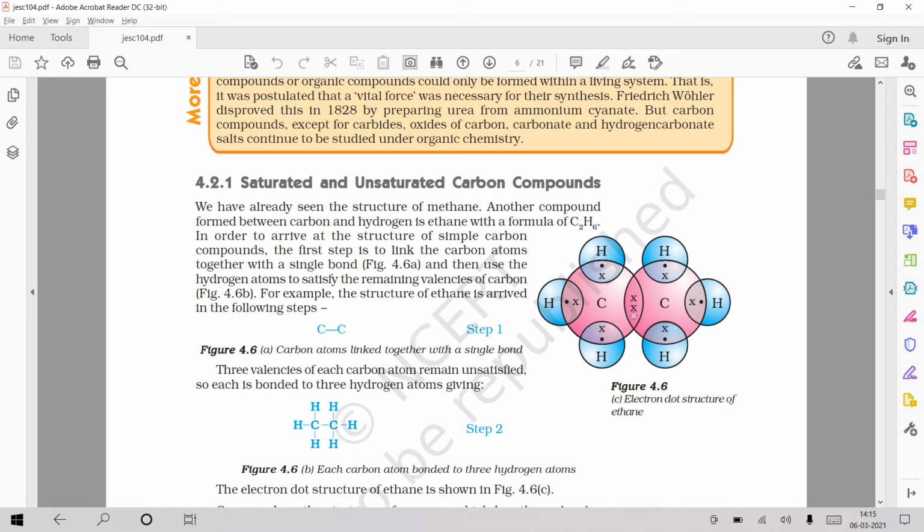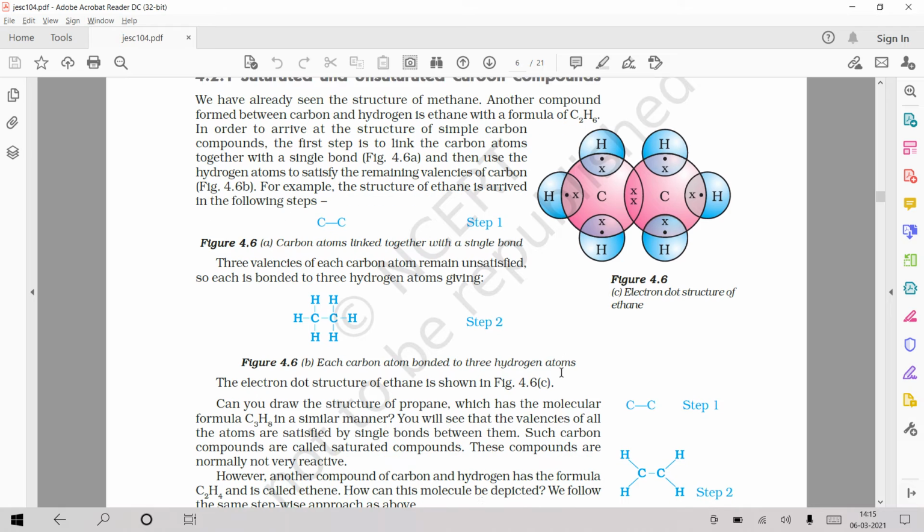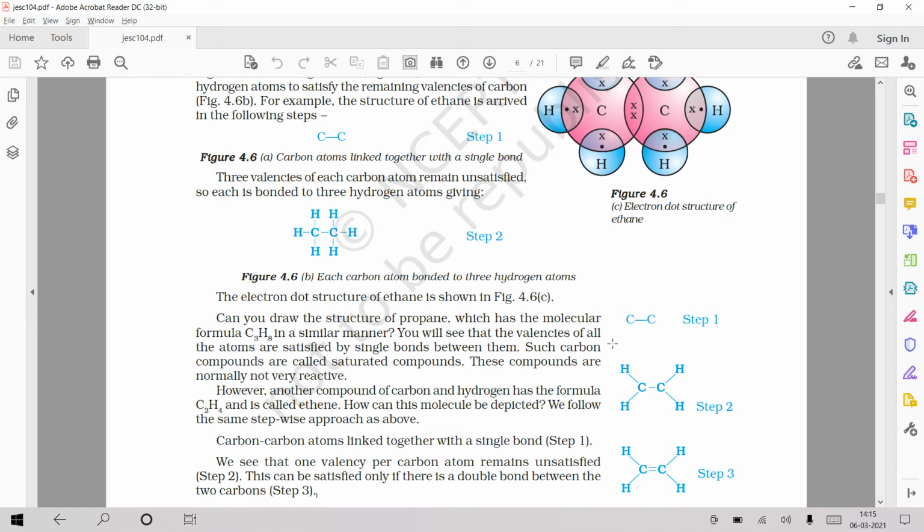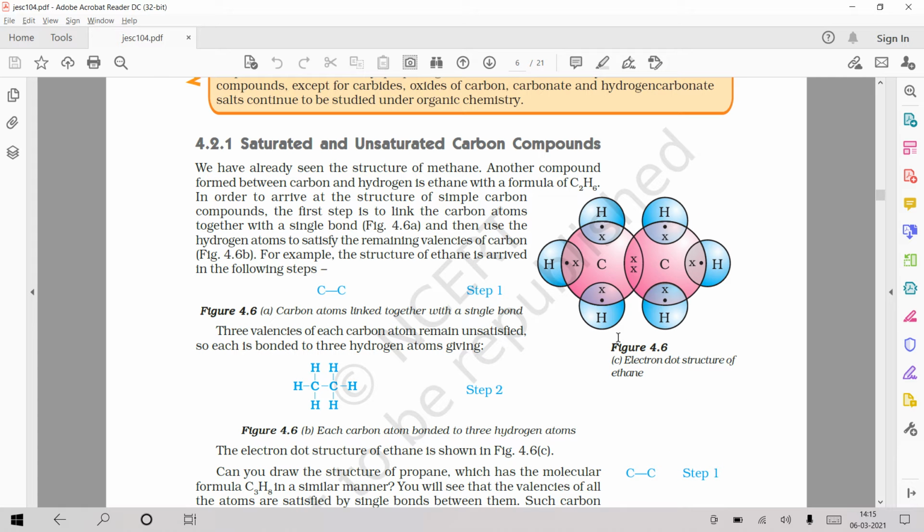We told that saturated means carbon should have all single bonds with different atoms to satisfy its valency, and unsaturated, if it is having less number of atoms, then it forms double bonds or triple bonds with the same atom, so they are called unsaturated hydrocarbons.